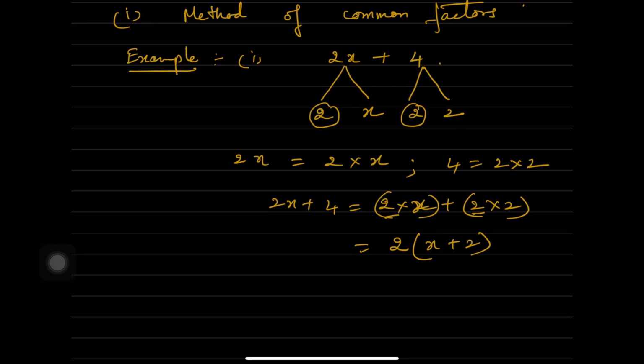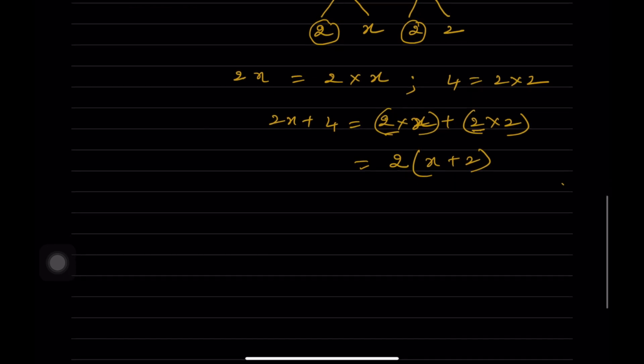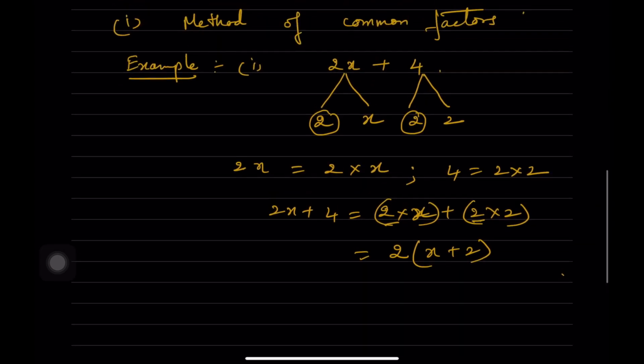Now from distributive property you must have got this. So you can take 2 common from both of them. What is left out? x plus 2. So that becomes the other factor. Therefore 2x plus 4 is equal to 2 into x plus 2. This is the first method of common factors.